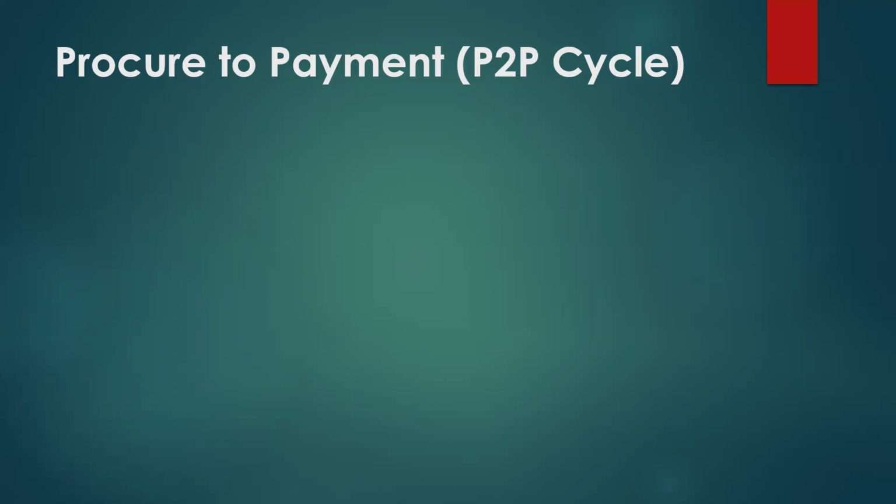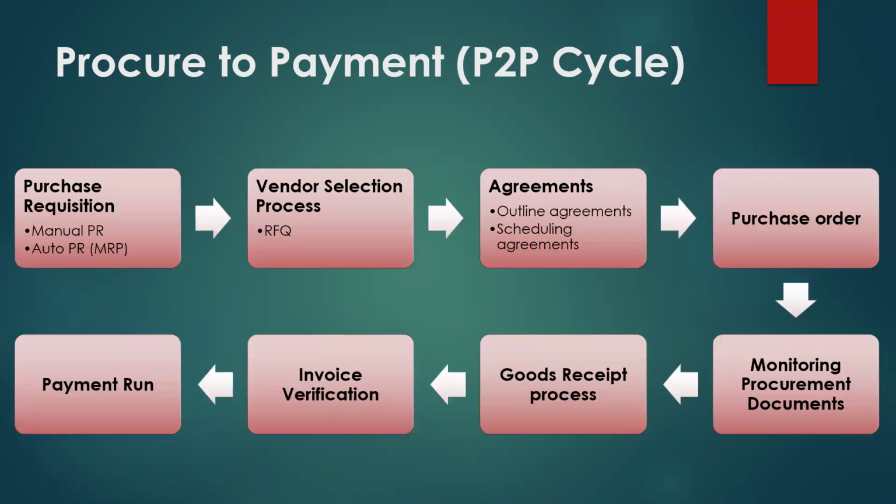So the steps are like this: first, purchase requisition, either manual PR or auto PR through MRP. Then the vendor selection process, RFQ, request for quotation. Then agreements, outline agreements and scheduling agreements. Then purchase order, then monitoring procurement documents, then goods receipt process, then invoice verification, then payment run.